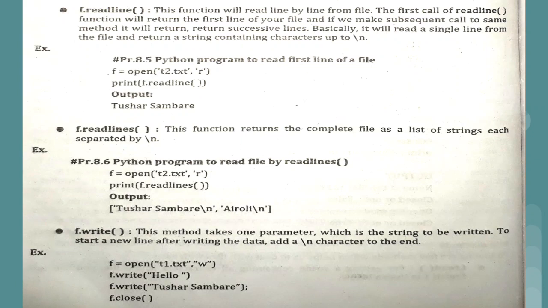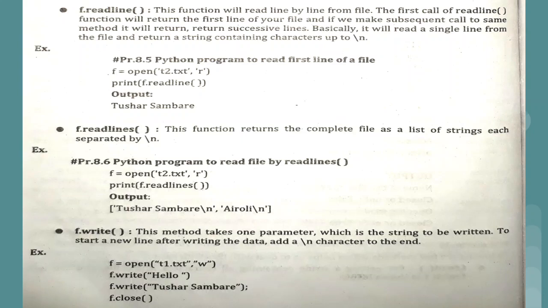Okay. Then we have one more method, that is readlines. Readlines basically reads all the lines, but while displaying the output it will display the \n after each and every line. So just see the output, it will display all the lines, but see the way of displaying the output: the lines are displayed in the form of strings.